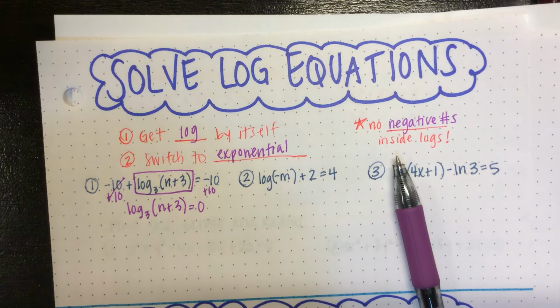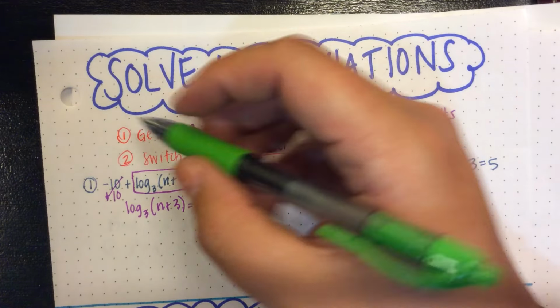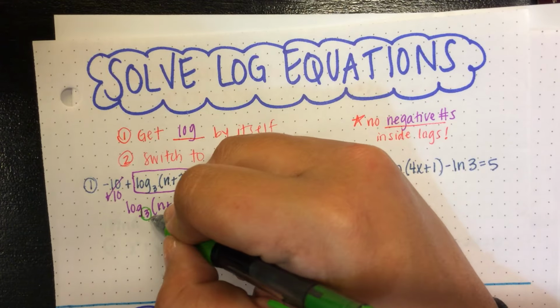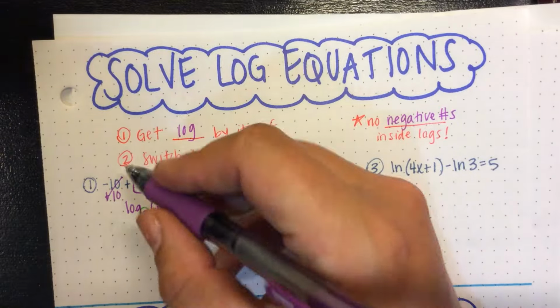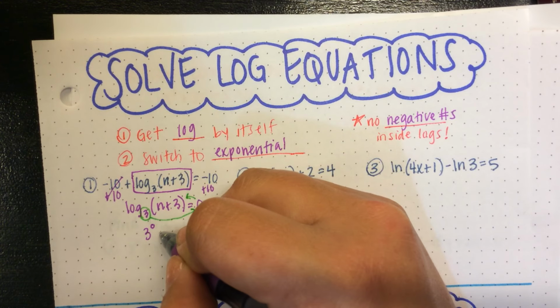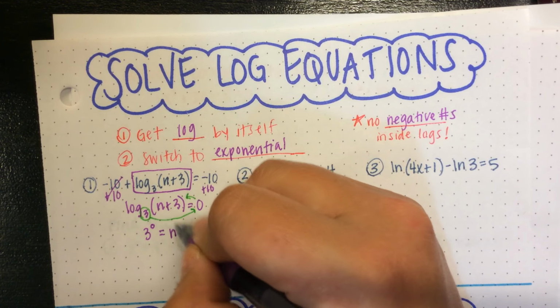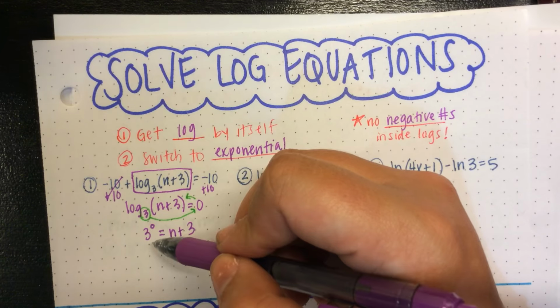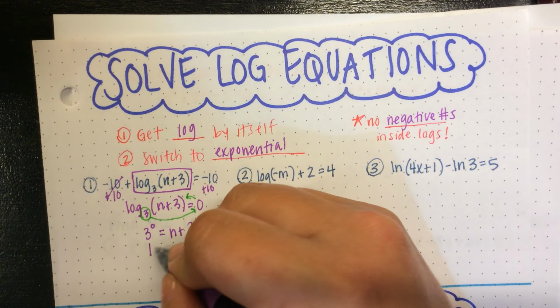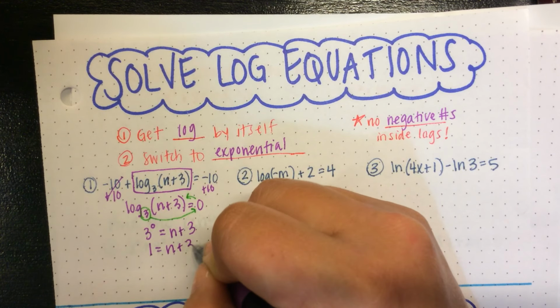Now we're going to switch to an exponential. So to switch to an exponential, we start at the base, we go around the world, and we come back. So I end up with 3 to the 0 power equals everything inside here, n plus 3. Well, 3 to the 0 power, anything to the 0 power, is 1. So I get 1 equals n plus 3.